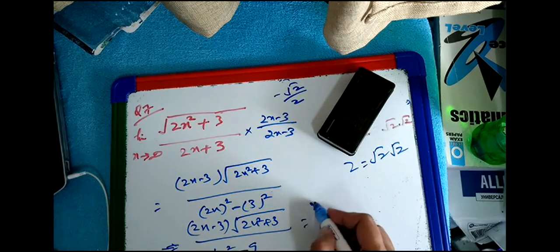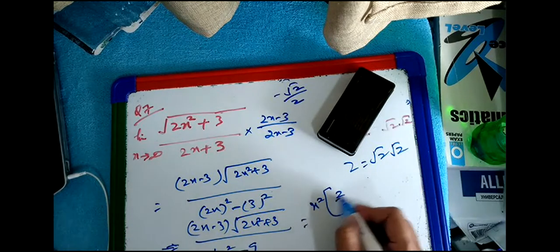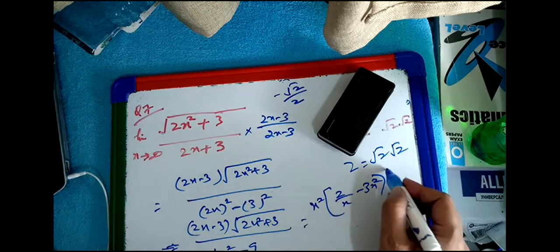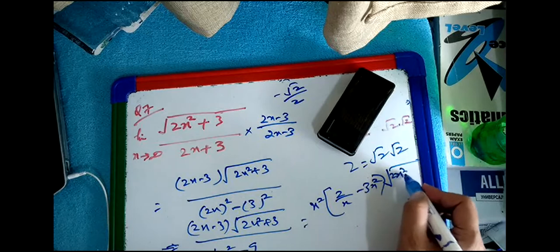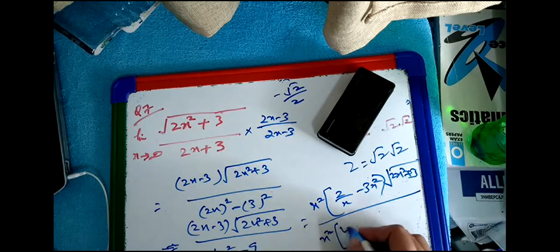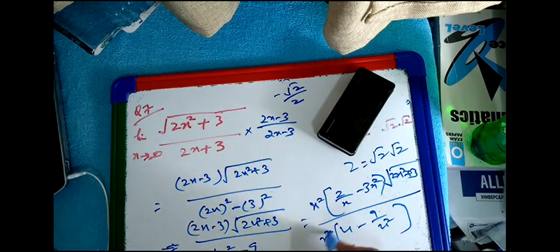So if I take x square common, there will be 2 over x minus 3 over x square, and this will be 2x square plus 3 divided by x square, and this will be 4 minus 9 over x square. Now this will cancel with this.